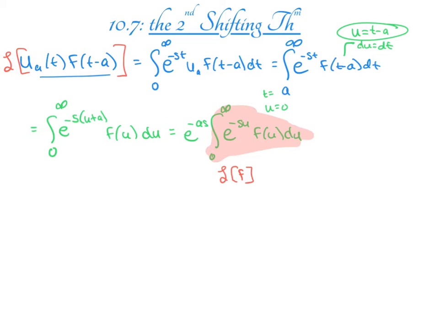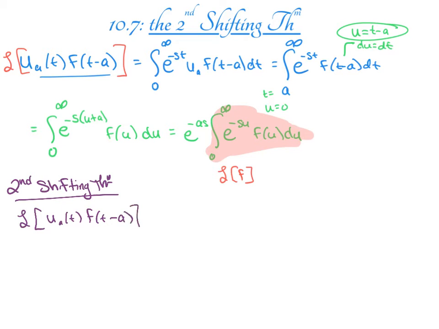So here is our second shifting theorem. It says the Laplace transform of a piecewise function, the unit step function u sub a of t times f of t minus a, is equal to e to the negative as times the Laplace of f at t.